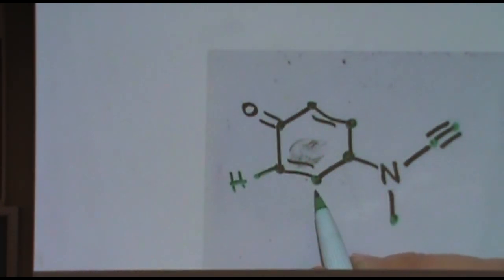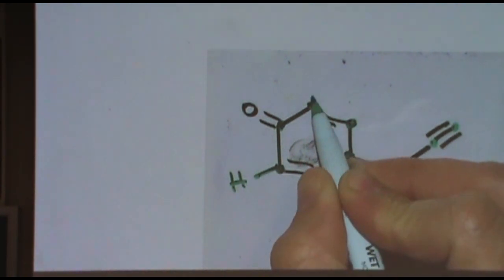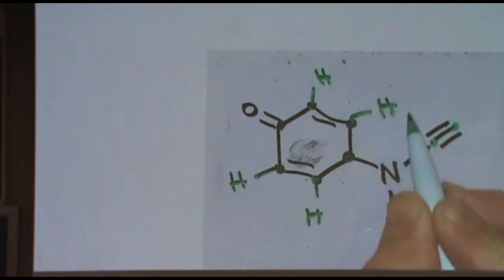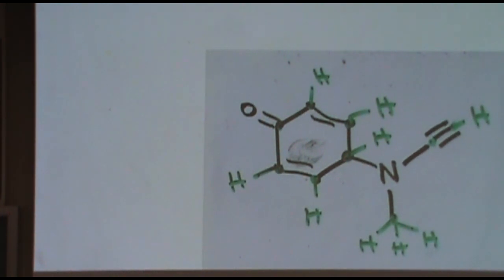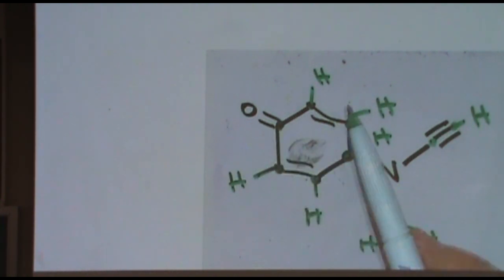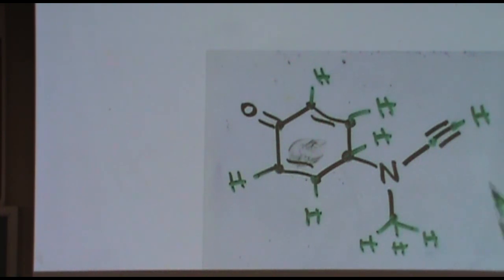Oh, I thought I got more than that. 1, 2, 3, 4, 5, 6, 7, 8, 9. I think that 9 is correct. How many pi bonds? I think I got 5. 1, 2, 3, 4, 5. Double count with the triple bond.